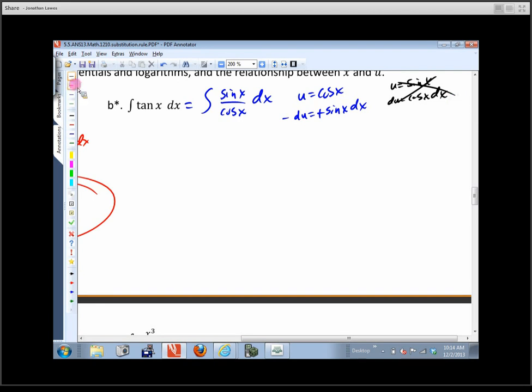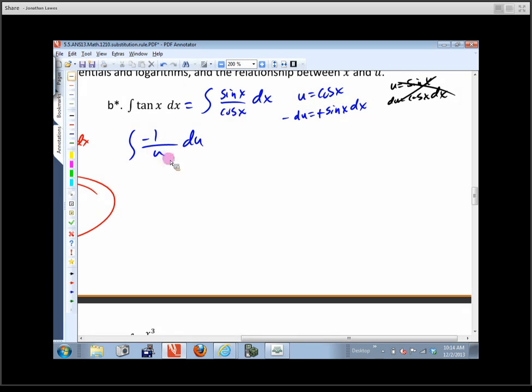So let's go ahead and change the variables here. Wherever there's a sine x dx, I'm going to put a minus du, so that's a minus du. And again, if you wanted to, let's go ahead and put that 1 there, and let's put the du on the end. That may make it a little bit easier for us to recognize the derivative. And then wherever there's a cosine x, we're going to put a u.